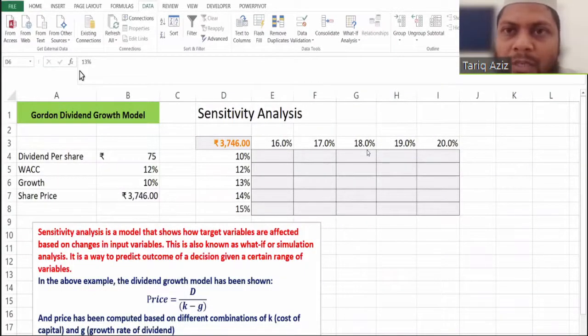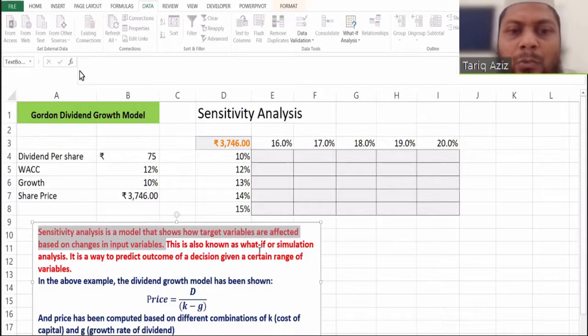So if we allow the input to change, what will be the impact of that change on the output? This kind of analysis is known as sensitivity analysis. So sensitivity analysis is a model that shows how target variables are affected based on changes in input variables.